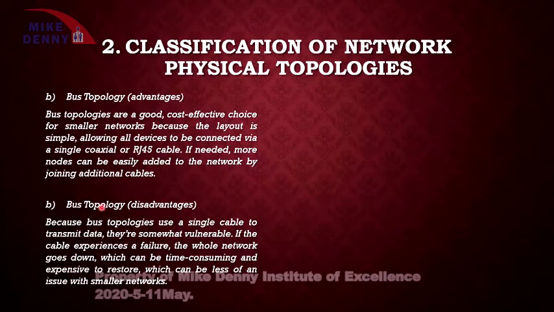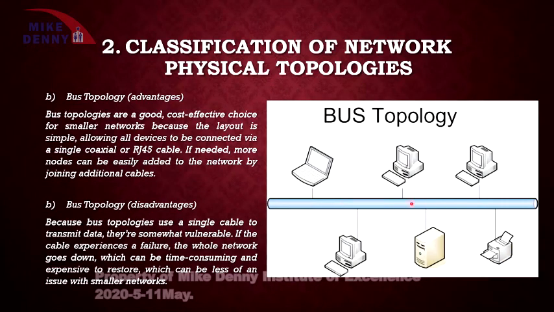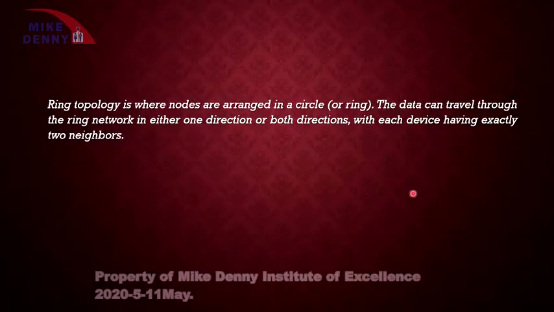It's really difficult because when that line is broken, no computer here is going to be connected. You have a failure on this line, then nothing can move, right? Okay, so let's move forward.